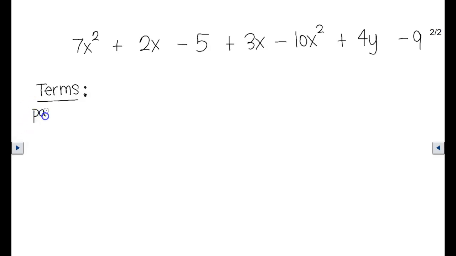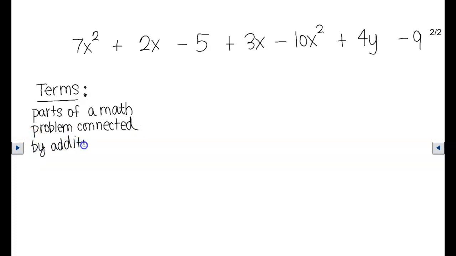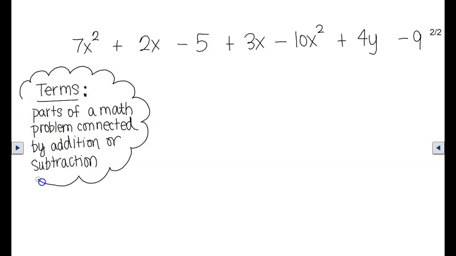Terms are parts of a math problem that are connected by addition or subtraction. So terms are parts of a math problem that are connected by addition or subtraction.